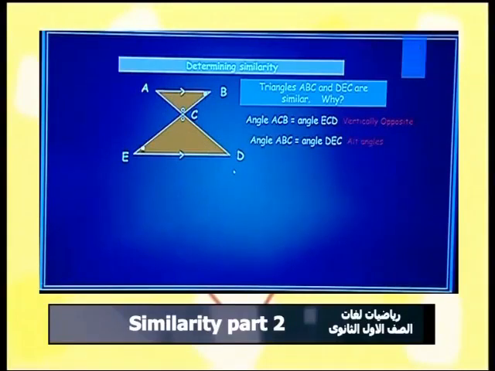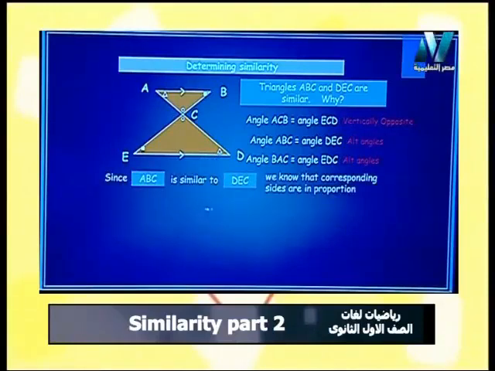And we have angle B equals angle E because of alternate angles, because AB is parallel to ED. This angle B equals this angle E because of alternate angles. We also have measure of angle A equals measure of angle D, because of alternate angles.